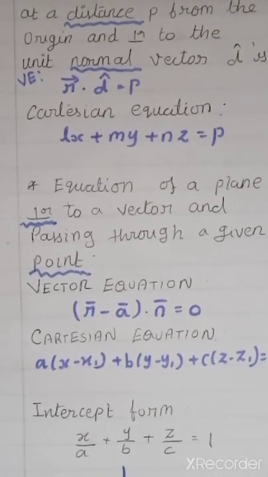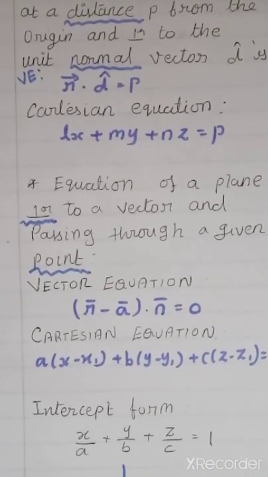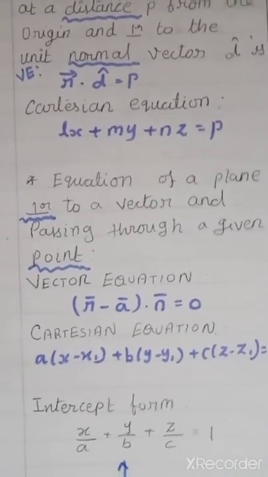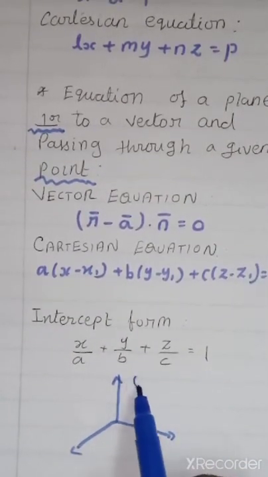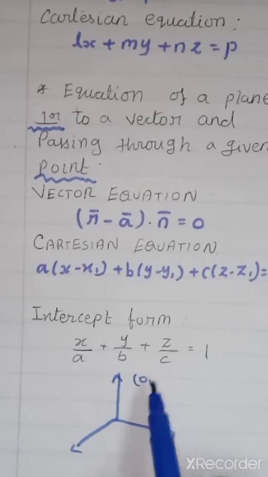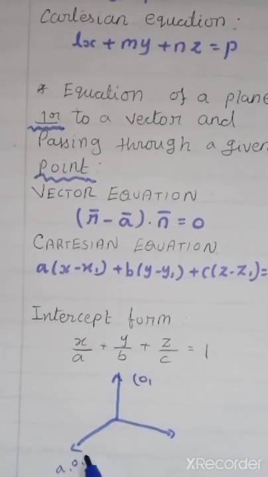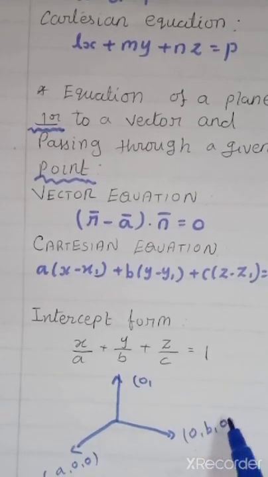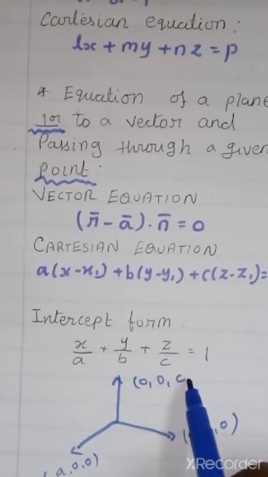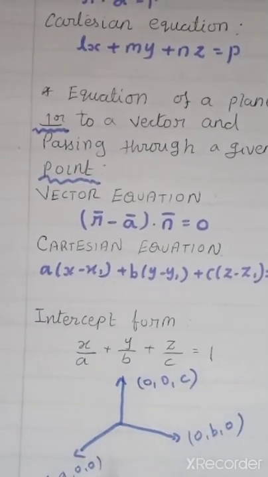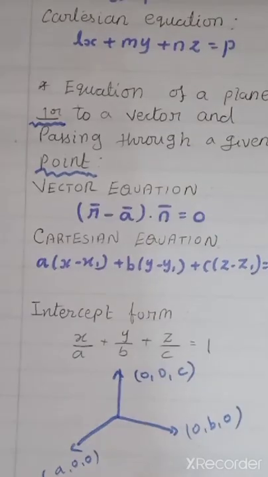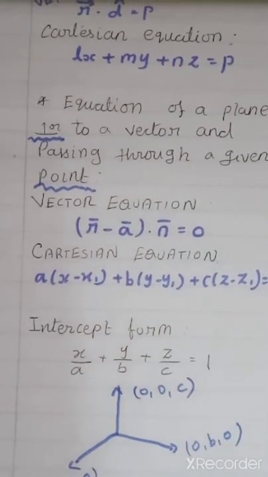Your intercept will be like this, right? x-axis, y-axis, z-axis, and your points will be (a, 0, 0), (0, b, 0), (0, 0, c). So this is your intercept form, and that equation will be x by a plus y by b plus z by c equal to 1.